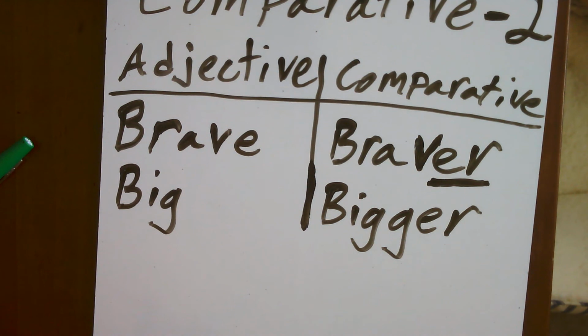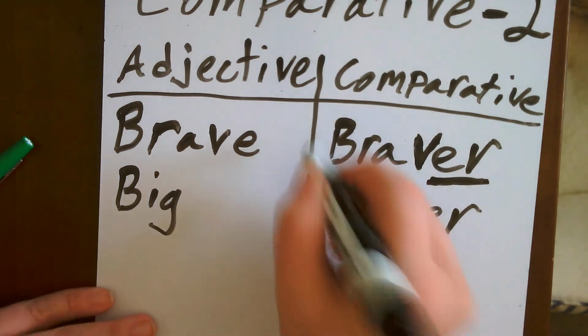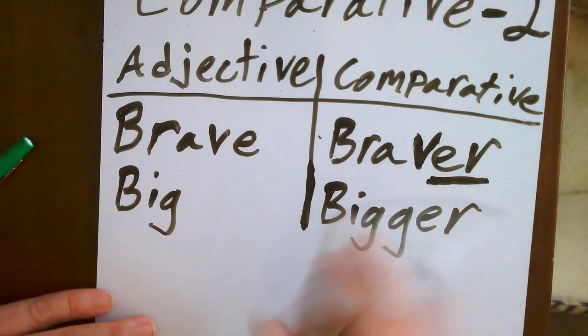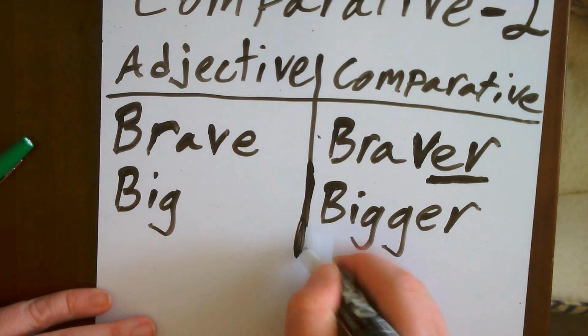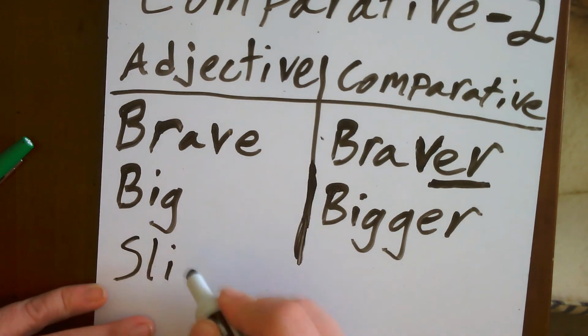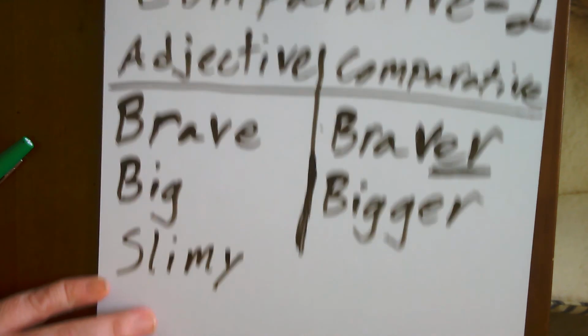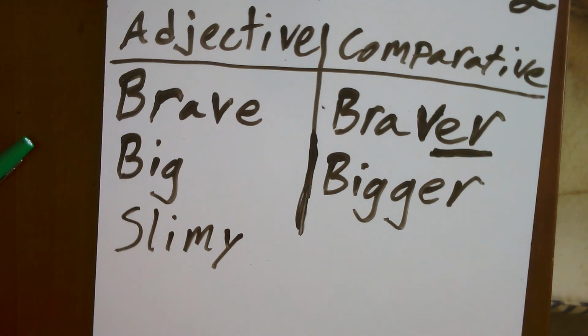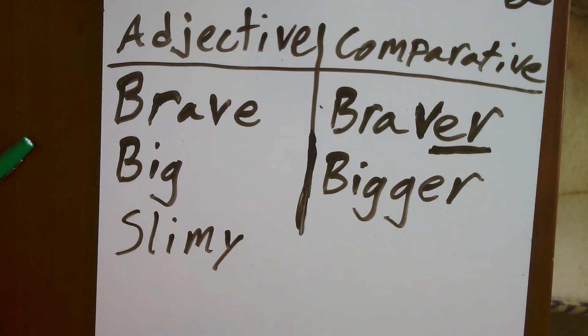There is one more commonly used way. Let's go with slime. Now, usually slime for you guys is slimy. Something is slimy. You guys know how slime feels. Slimy is when it feels slick and not dry.